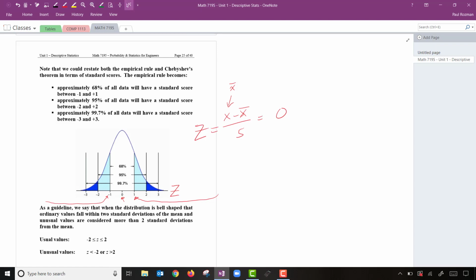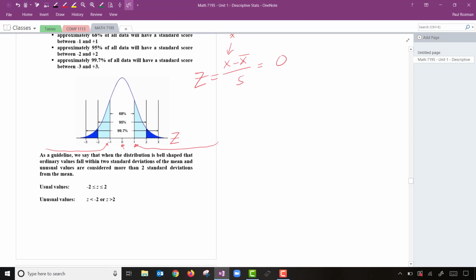One of the uses of this is to help distinguish between what is likely to happen and what is unlikely to happen. We might use this to make decisions later. If you have a score that is between -2 and +2, that's a pretty typical score because 95% of all our values lie in this range. Anything outside of that range is starting to be unusual because you're in that last 5%.